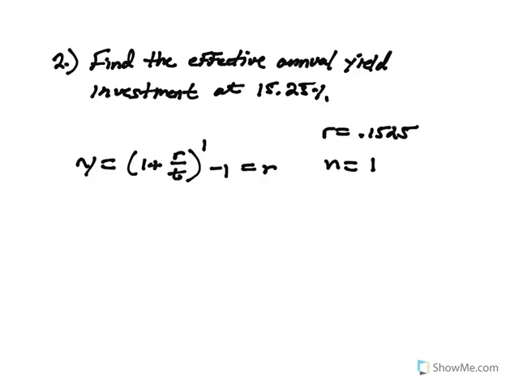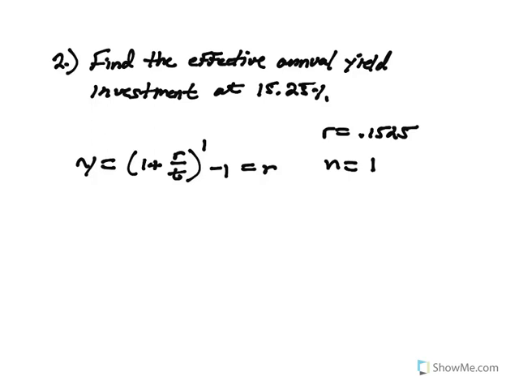So the effective annual yield for the second investment is 15.25%. And 15% compounded monthly is the better investment because the effective annual yield for the first investment is higher than the effective annual yield for the second investment.